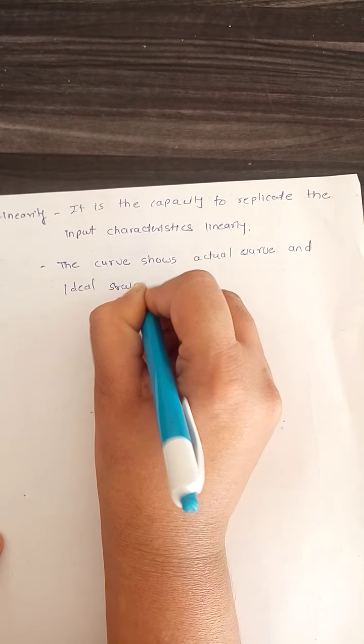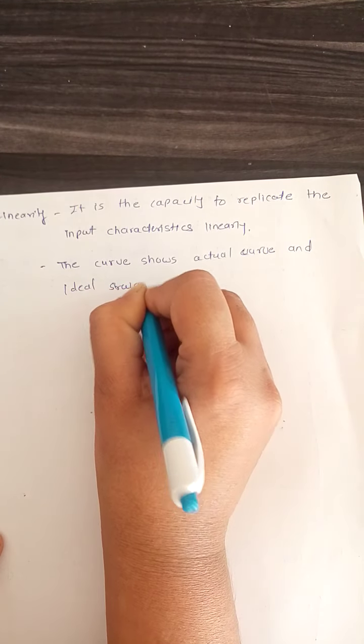This is the output, this is the input. In which this line is the ideal straight line and this is the actual curve. This line is called the idealized straight line.